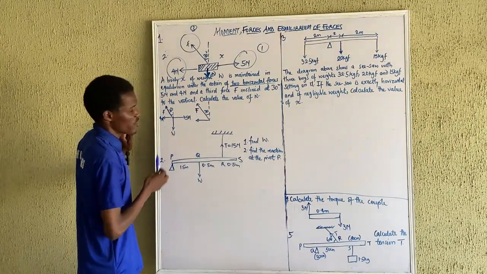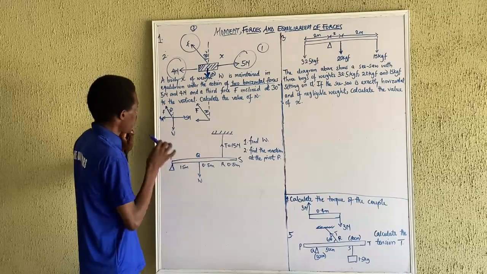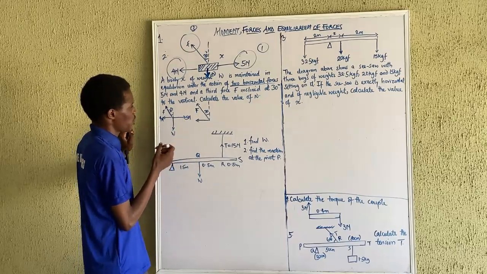One is 4, which is horizontal. The other is the effect of F, which I am here to get.